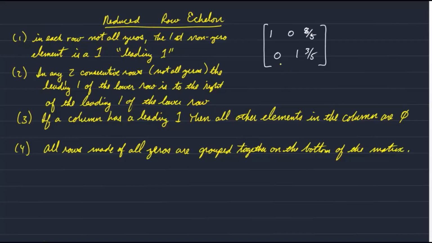So in this case, we didn't have any rows that were all zeros, but if we did, then we would place all those rows on the bottom, and they'd be grouped together on the bottom.